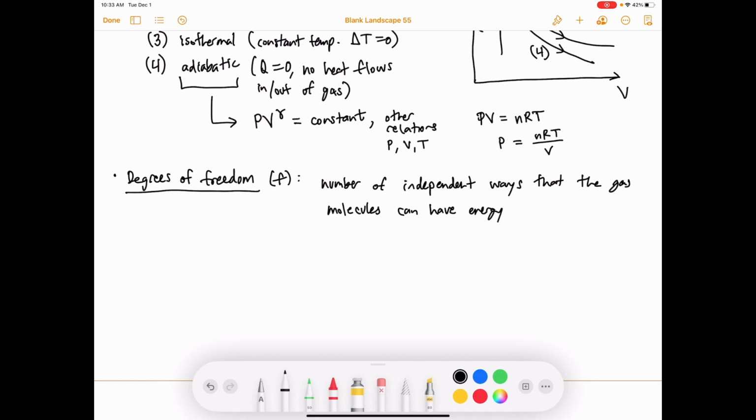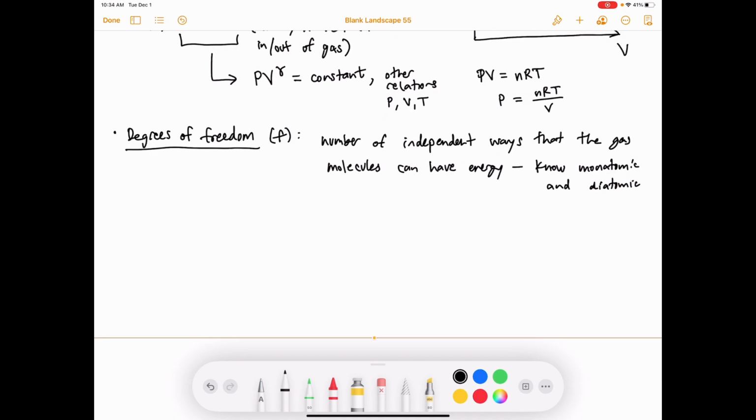And what you should know, as far as degrees of freedom are concerned, is monatomic gases and diatomic. Okay, so you should know those two cases and how to handle the degrees of freedom.